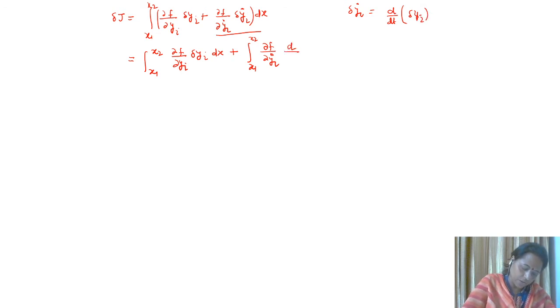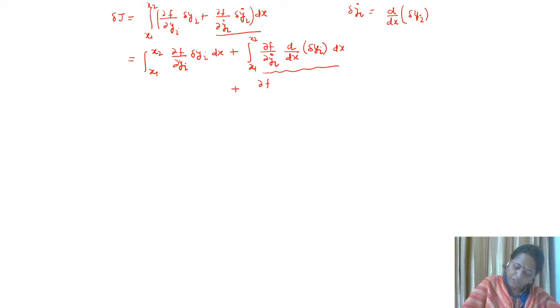So we will use it. It is not a derivative with respect to time, it is a derivative with respect to x. With respect to x, delta yi dx. So we'll integrate it by parts.